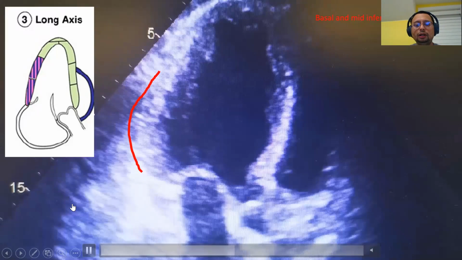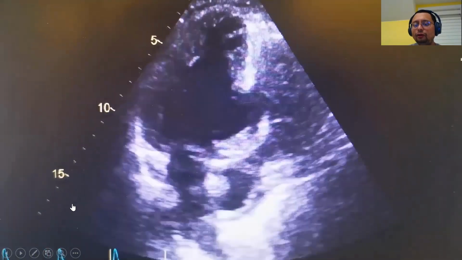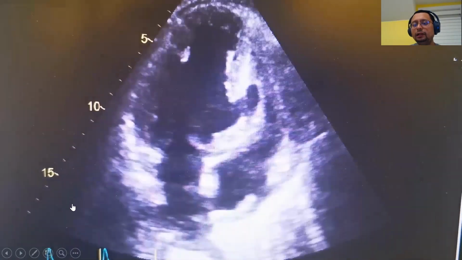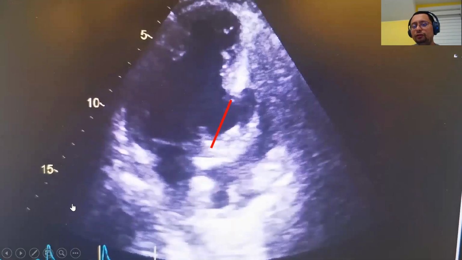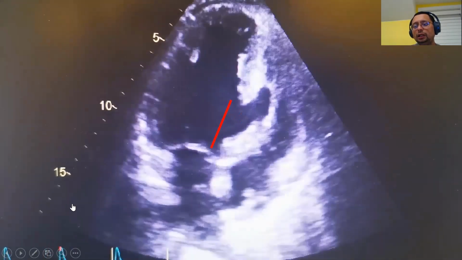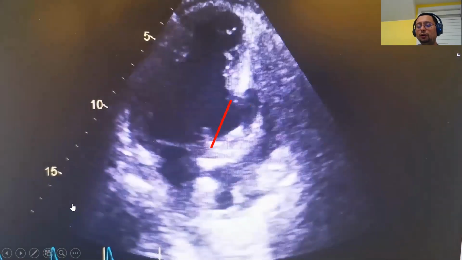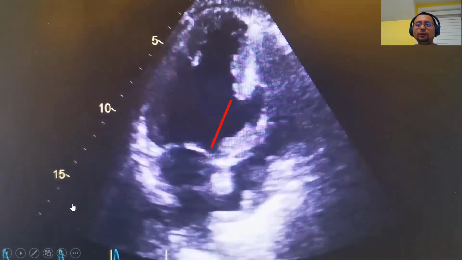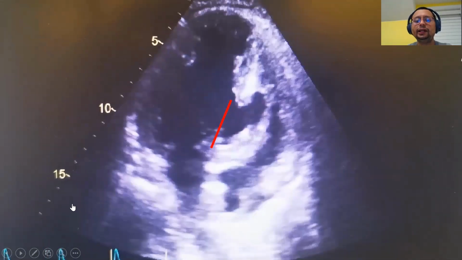Now, look at our next view. Our next view is the apical four-chamber view. Now, that is the wall that is involved. We always remember that this is actually the basal inferoseptal wall. So we know now that this is not possible to be just distal RCA.